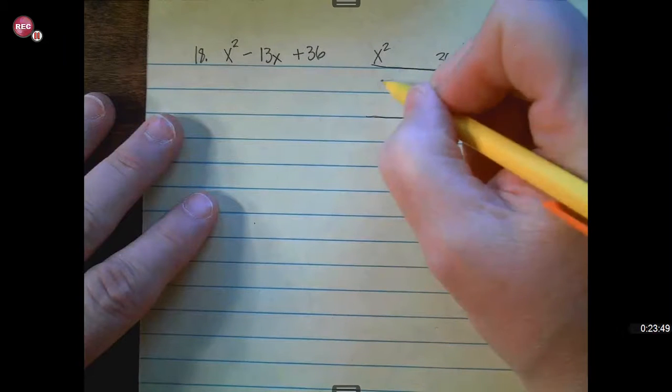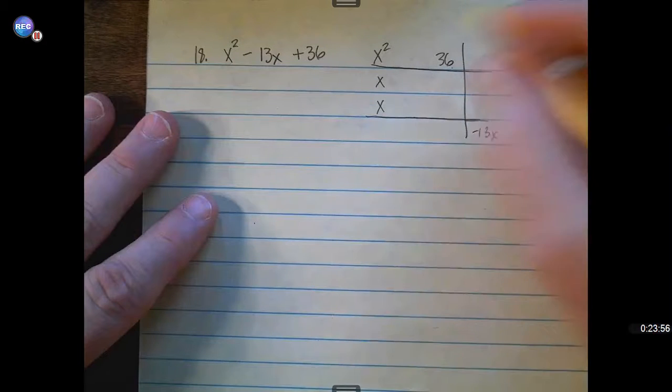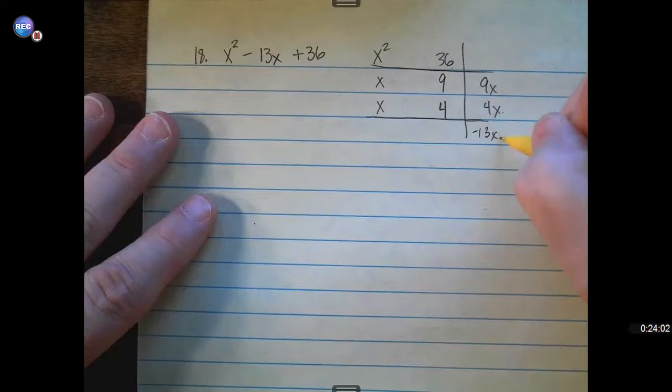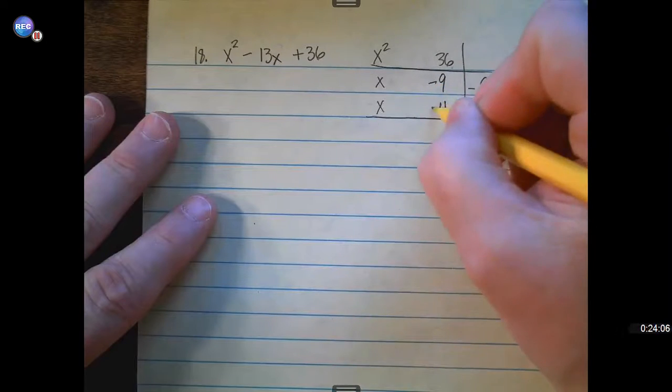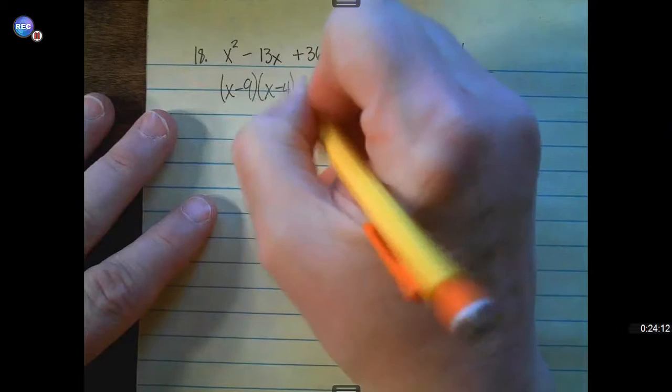So x squared is x times x. I think the factors of 36 that are going to make 13 are 9 and 4. And 9x plus 4x is positive 13x, so I need them both to be negative. So both these are negative. And so this is x minus 9 times x minus 4.